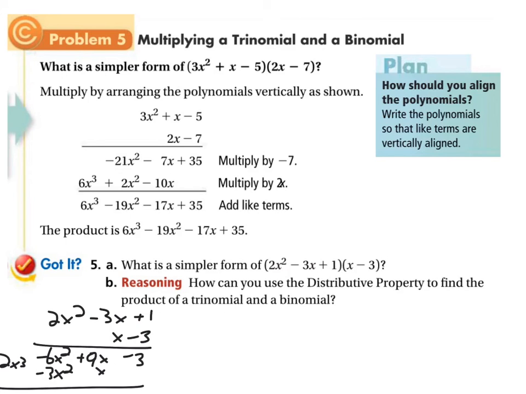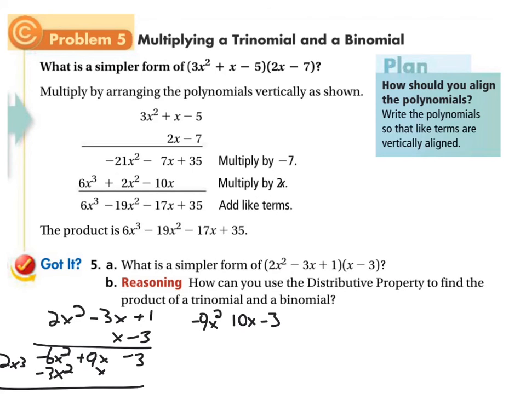And I'm going to write this answer over here to the right. So this part right here, there's nothing to add to that negative 3. So we've got a negative 3. There is this 9x plus that x is 10x. There is this negative 6x squared and this negative 3x squared. That's negative 9x squared.